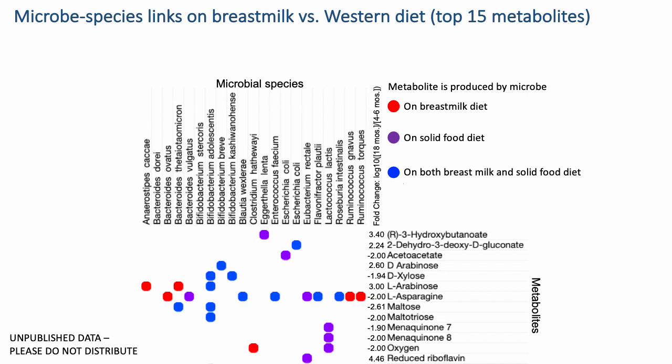Again, we were able to not only determine the metabolites that are differentially produced between the two diets, but we were also able to trace back microbial species that are responsible for the production of these metabolites under the breast milk diet, or under the solid food diet, or under both diets.